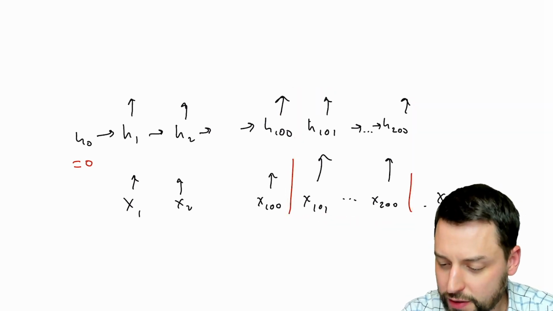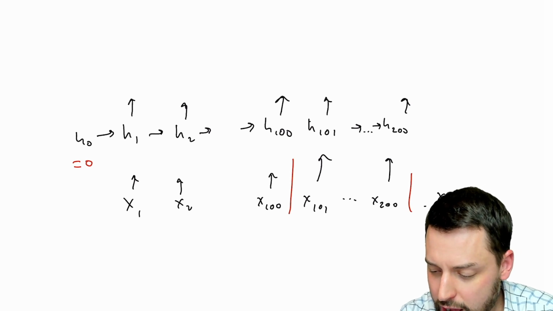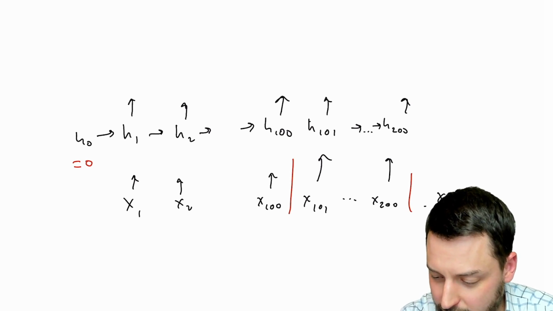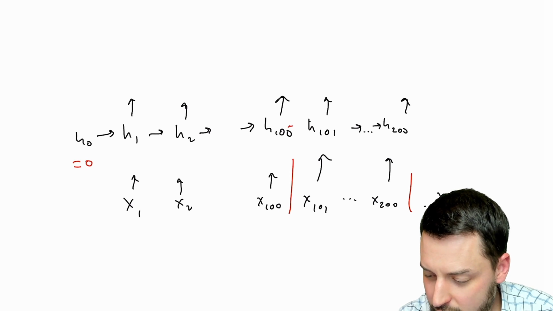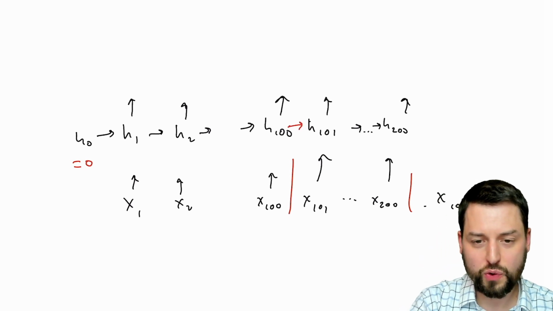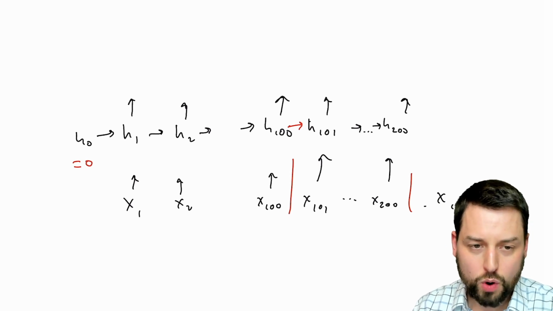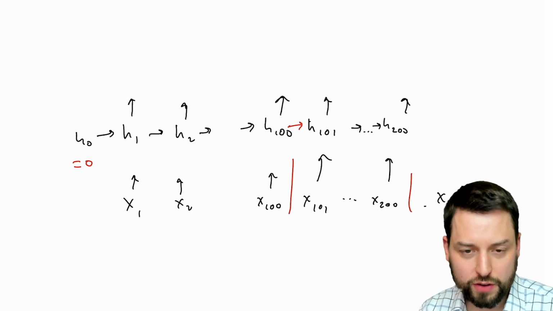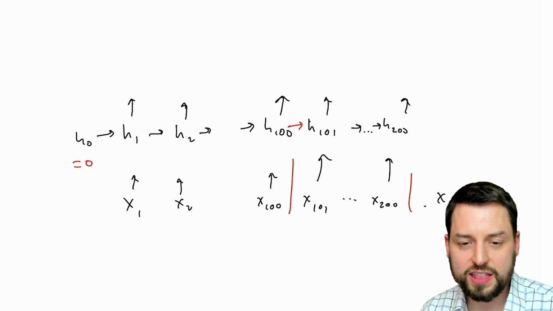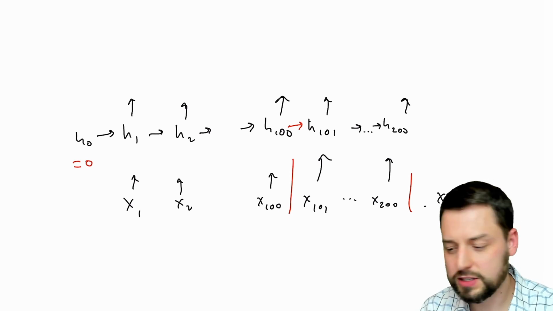Now, importantly, we are not actually creating one big long compute graph through this. What we're actually doing is just taking the value of H100 and feeding it into the initial value of our next sequence.